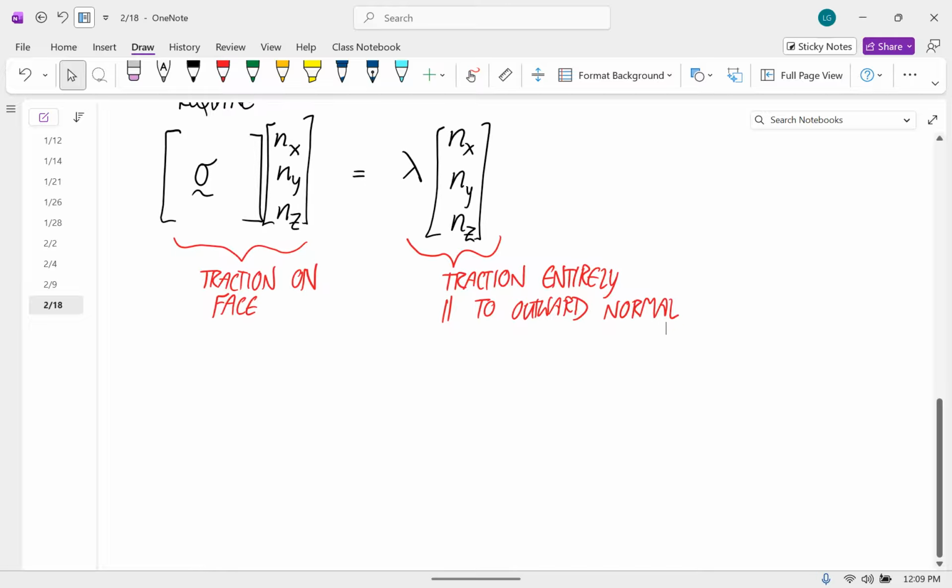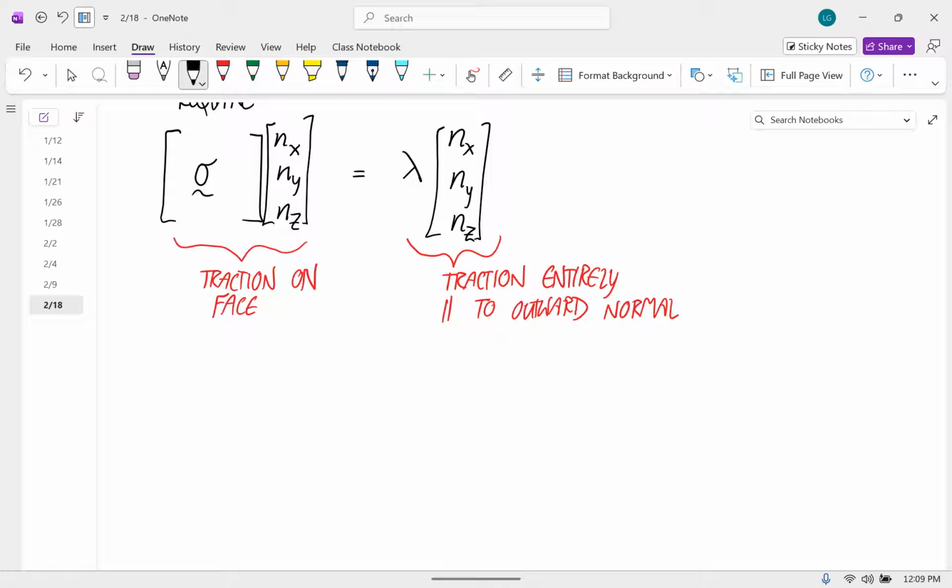So how are we going to solve this? Is the tensor going to be equal to that? Well, the stress tensor is a matrix, okay? And when you multiply the stress tensor in general by an outward facing normal to a face, you end up with 3 components of traction, okay?